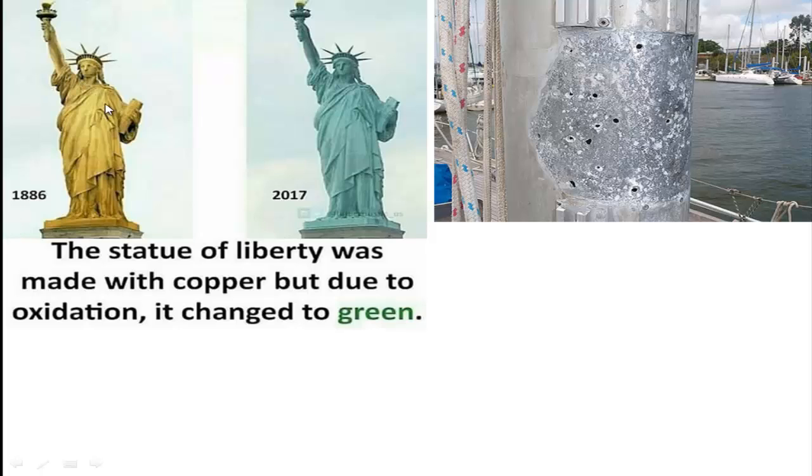Follow here, this is copper color, and now at present its color has changed. Actually this color change is not a physical property change. Here copper reacts with atmospheric oxygen and is converted into copper oxide, and the color of copper oxide is green. For this the Statue of Liberty now holds the green color.